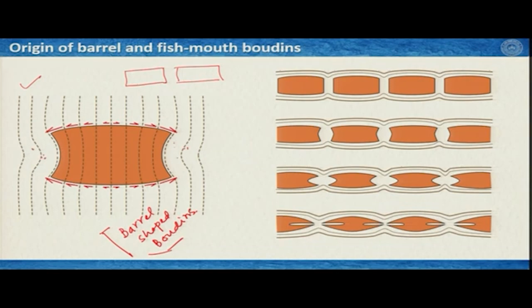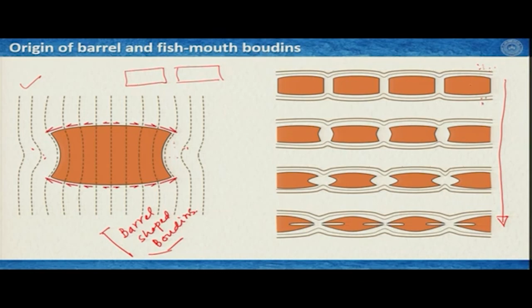So, this shape that we see here, these barrel shaped Boudins, can be further modified by post Boudinage plastic deformation. Now, this is illustrated here. We will see one after another how these happen. Now, the Boudins are more competent than the host rock, this is what we have learnt. So, they deform more slowly than the surroundings. So, the matrix outside deforms faster than this.